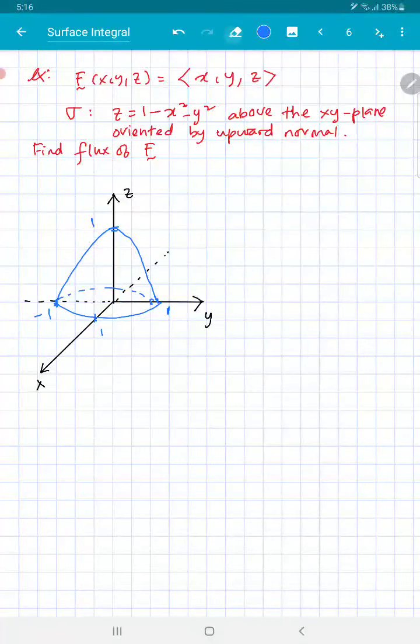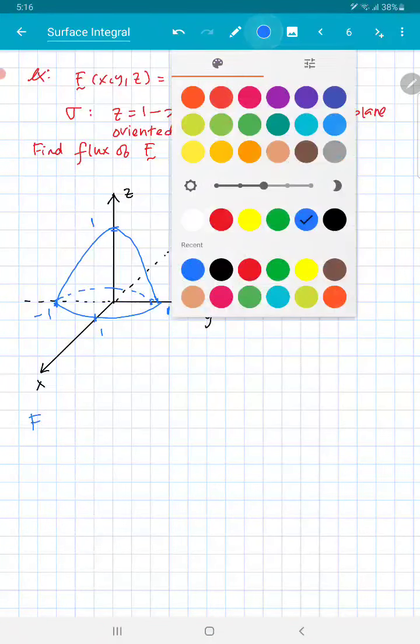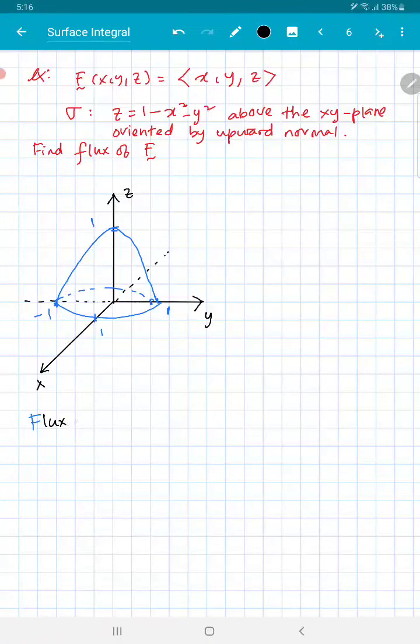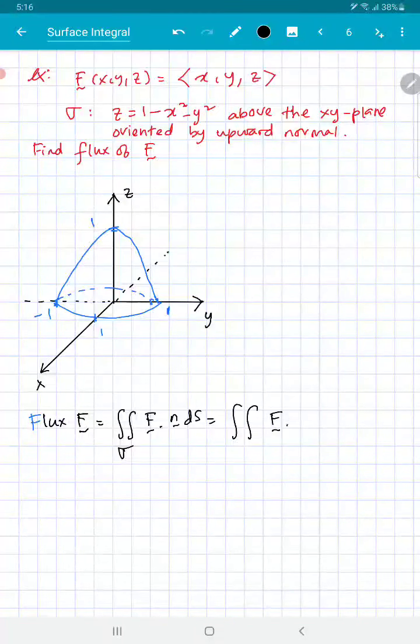As you recall, flux of F is given as the integral over surface sigma of F dot unit normal vector dS. What we're going to do is project this onto a plane. So the unit normal vector will be replaced by the normal vector, dA over region R, where R is the projection of surface sigma.